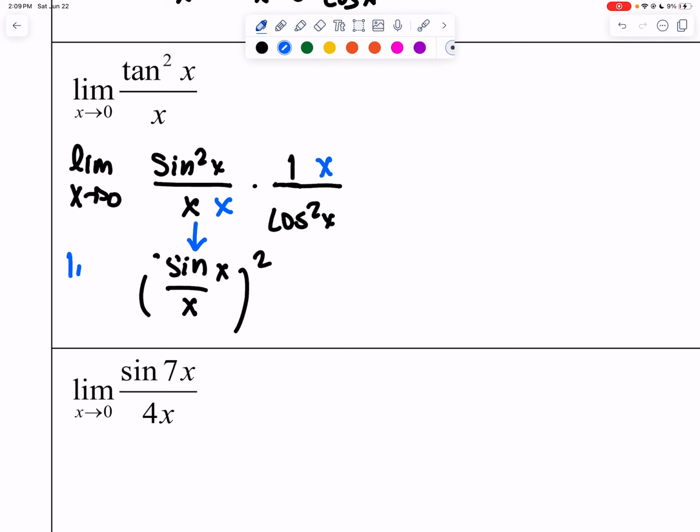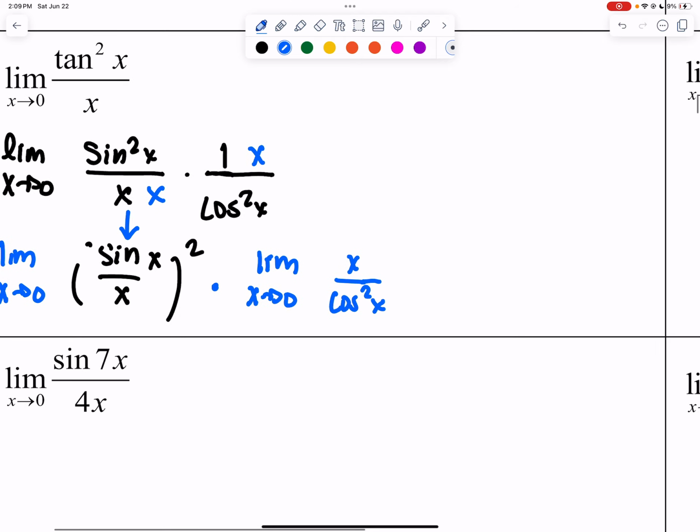So I have the limit as x approaches 0 of sine x over x squared times the limit as x approaches 0 of x over cosine square x. Now, if I were to plug in, well, we know that this is 1. And if I were to plug in this right here, I'm going to get 0 over 1, because cosine square of 0 is just going to be 1. So I have 0 over 1, which is 0.